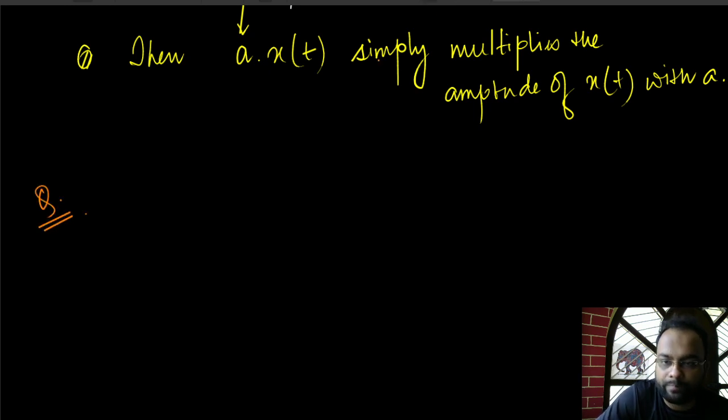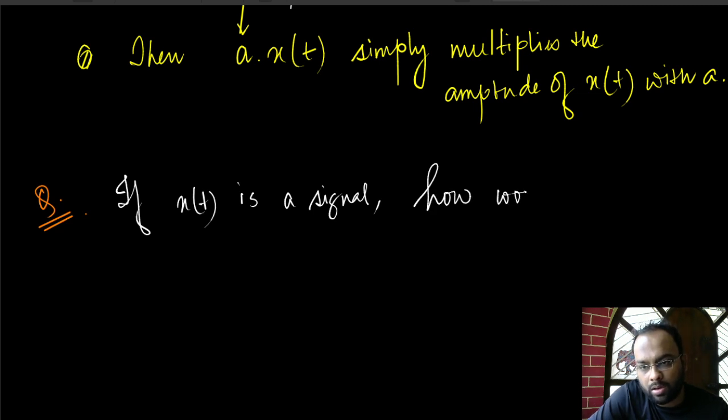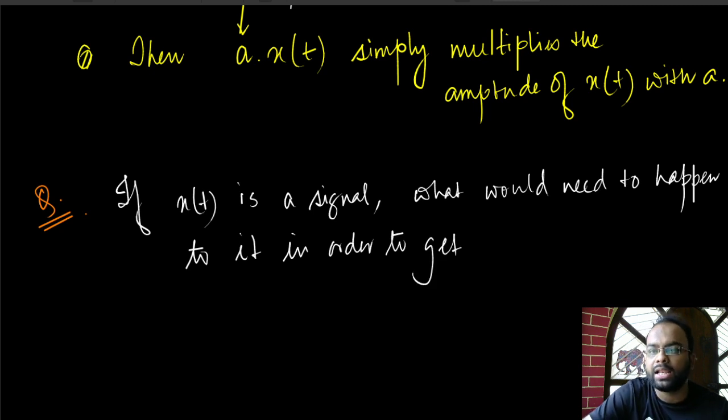So now I have a question for you. If xt is a signal, I need to get something like minus 3 xt.